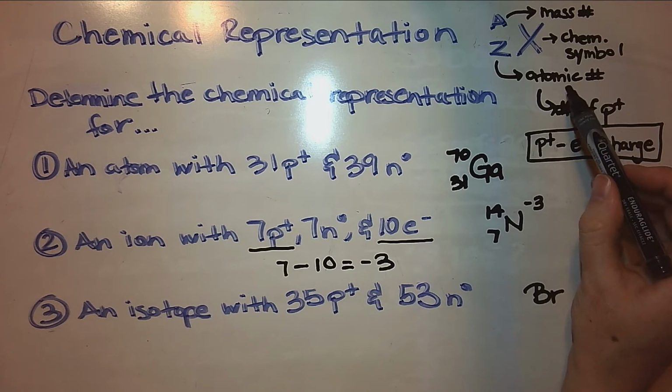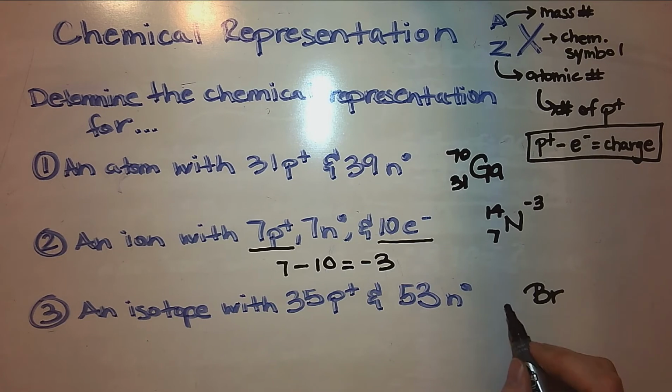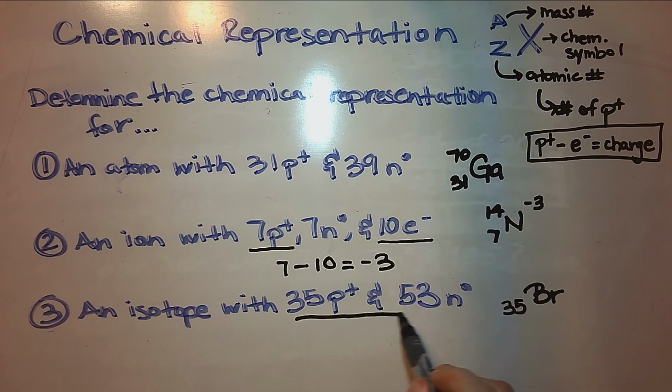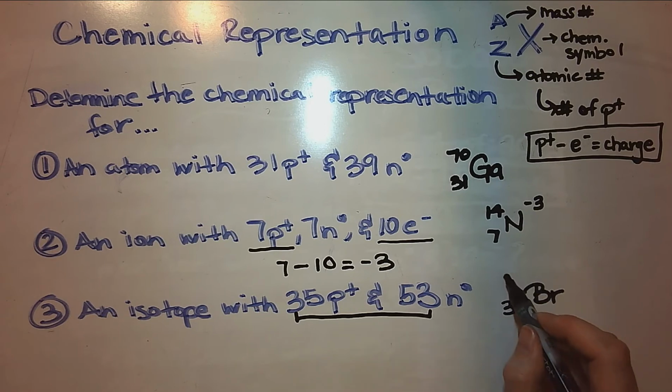So since I know the atomic number, or the number of protons, I'm going to go ahead and fill that in. Now, remember with isotopes, it may have a different number of neutrons than what you may see on the periodic table. So when I'm looking for my mass number, I'm going to add these two together. So 35 plus 53 gives me 88.